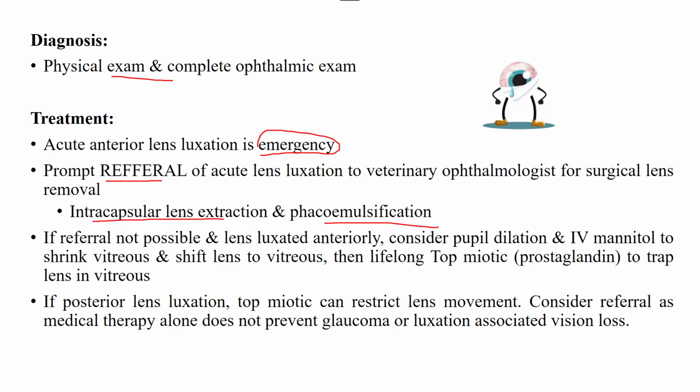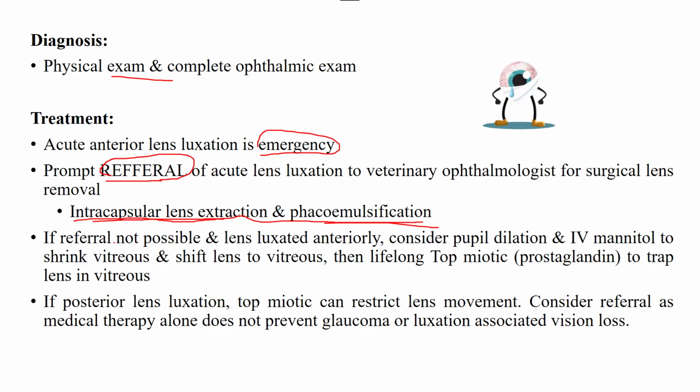So always pick as per the options they have given you. Here the right answer is going to be the referral one. No doubt these surgeries are the surgeries of choice for this case, but you are not going to do that. You are going to refer it to the veterinary ophthalmologist, who is the right person to perform this surgery, and he will do that.